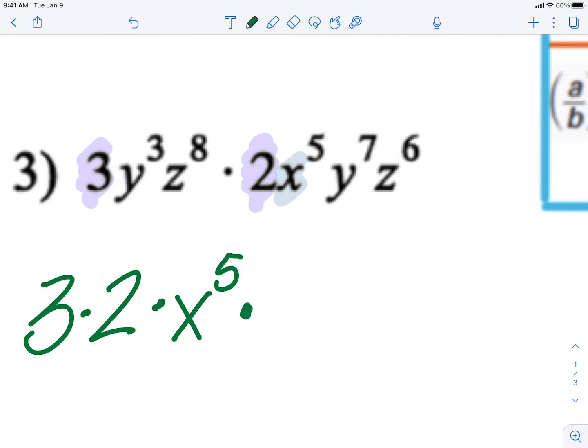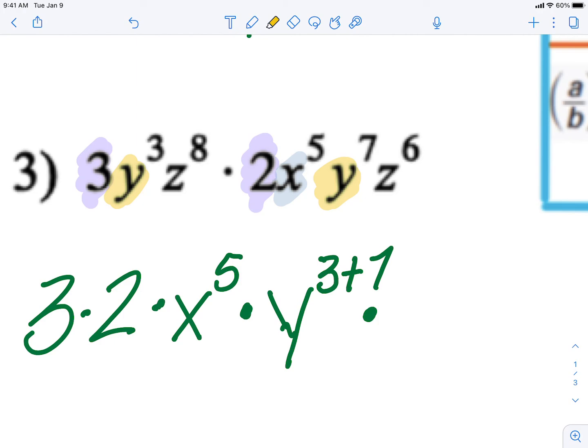Times. Okay. Let's do y next. I have a y here and I have a y here. So those two y's are the same, so I can just write this as y. And what do I do with the exponents? 3 plus 7.